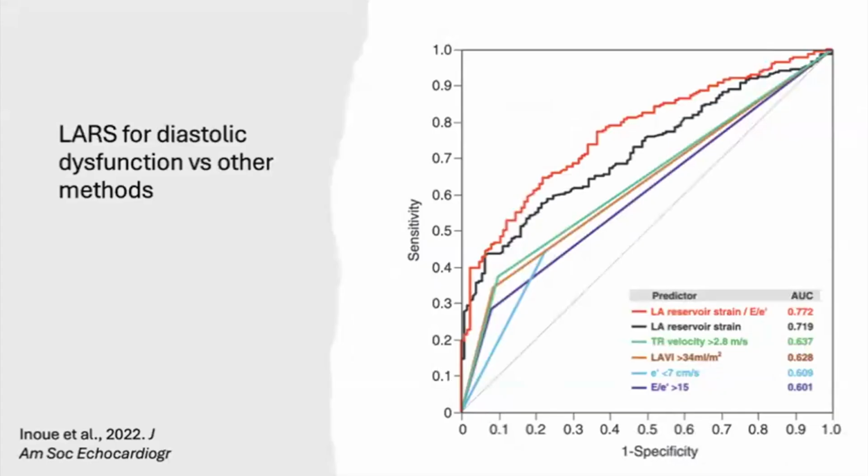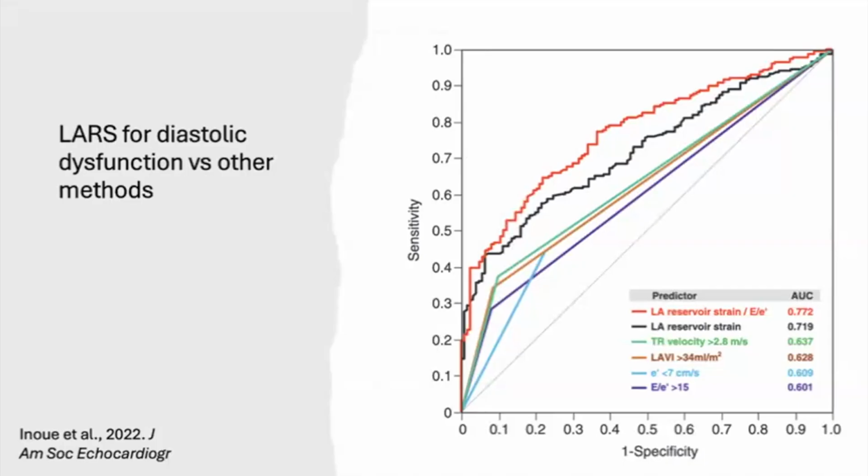Here, this is our receiver operating characteristic curve where sensitivity is on the y-axis, and then 1 minus specificity, which is basically the false positive rate, is on the x-axis. And in these graphs, essentially, the larger the area under the curve in the top left here, it would suggest that the model is better at discriminating between normal and abnormal LV filling pressures.